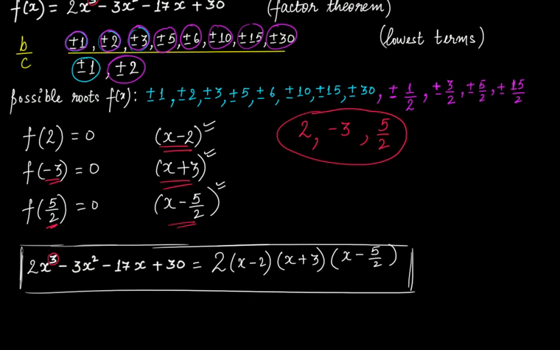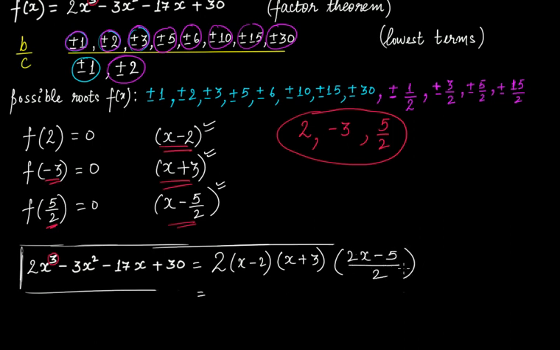We can do one thing here, this is one step we can add here. This is actually 2. So if we take LCM here and write it as 2x minus 5 by 2, we can write, right? And then we can actually cancel this. 2 divided by 2 will be 1.